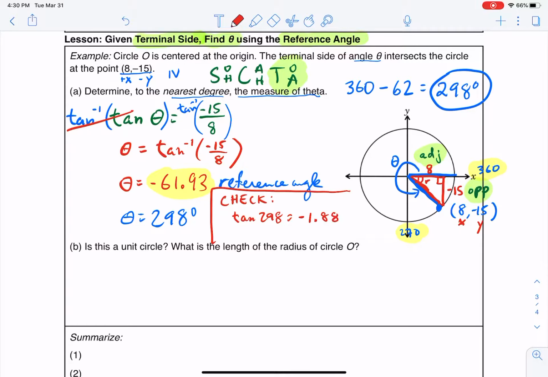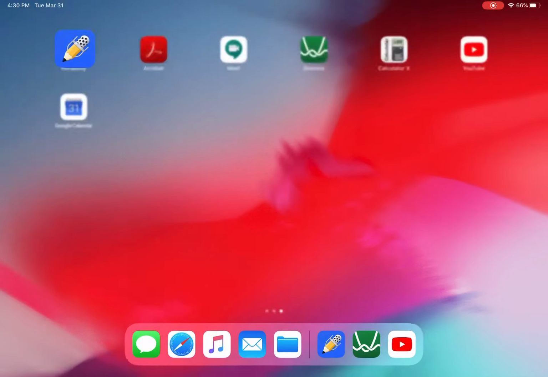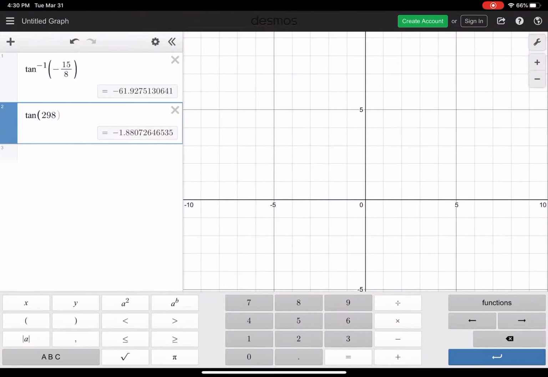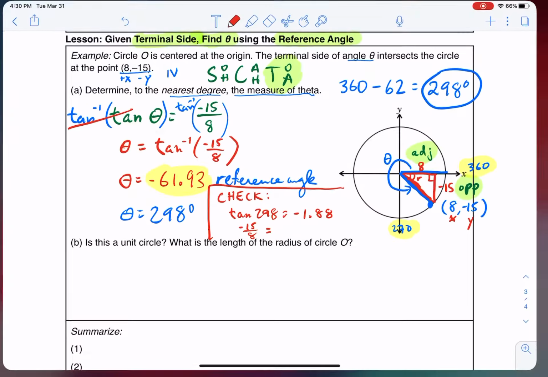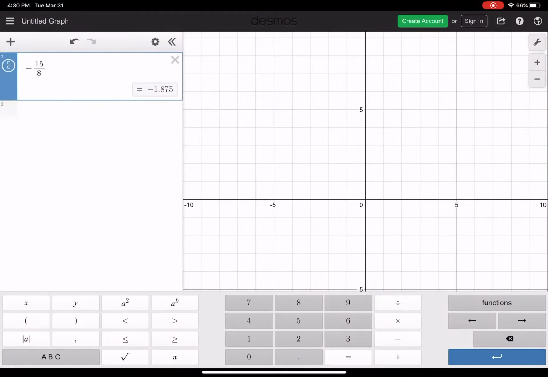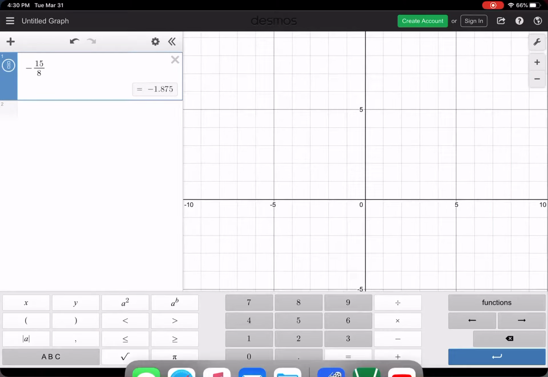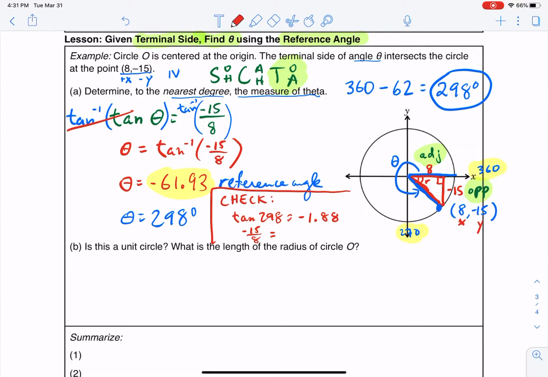And now, what is negative 15 over 8? Negative 1.87, if we round that, I may have gone too fast. So if we round that, that would be negative 1.88. So those are the same.